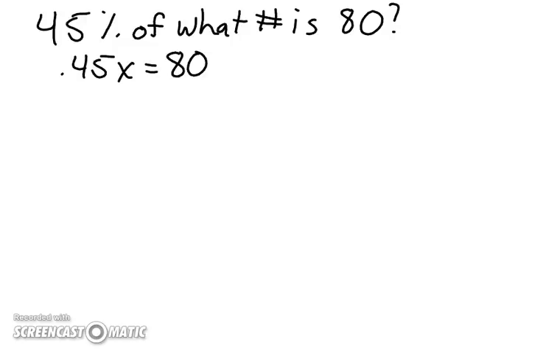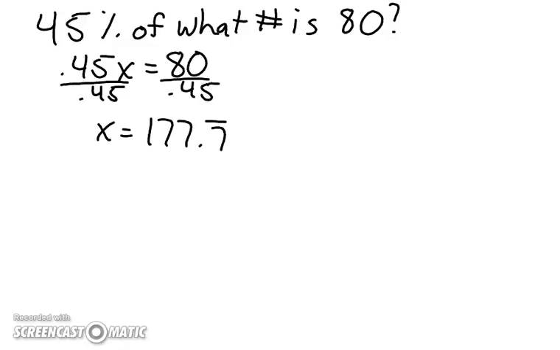And now if we want to get x alone, you simply divide by 0.45 on both sides. When you divide 80 by 0.45, you get 177.7 repeats. So decimal here, but that doesn't really make a difference. The process is still the same.